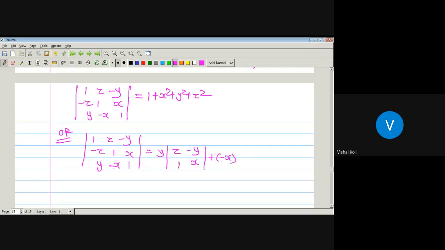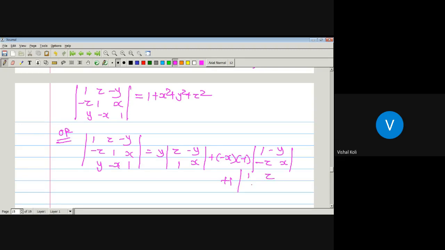Now this minus x is present in third row and second column. Then minus 1 to the power 3 plus 2, minus 1 to the power 5 is minus 1, into its minor. Its minor is 1, minus y, minus z, x, plus 1 into, this will be present in third row and third column. Then it's minus 1 to the power 3 plus 3, which is plus 1 into its minor.